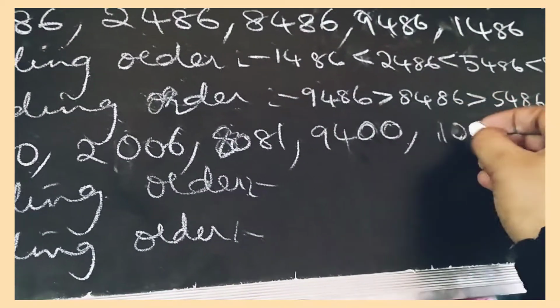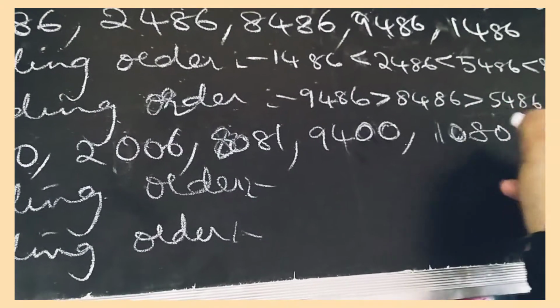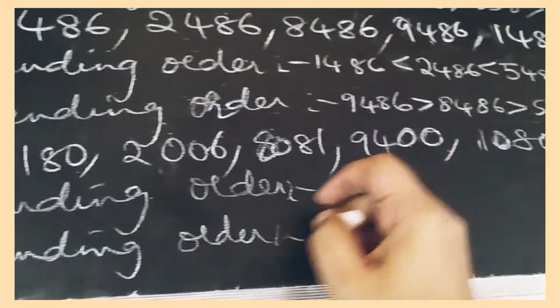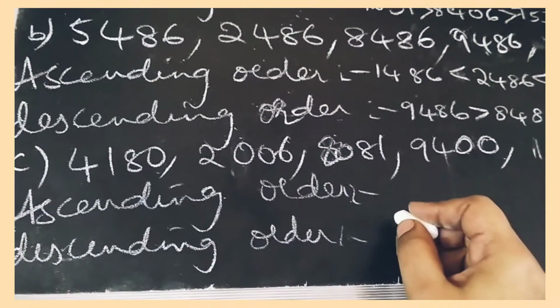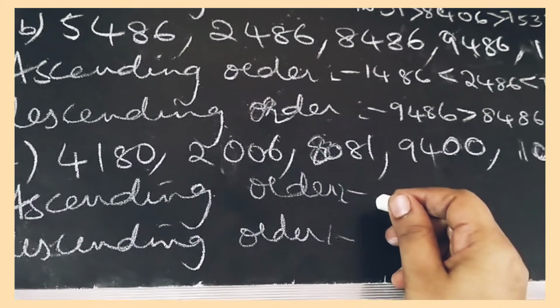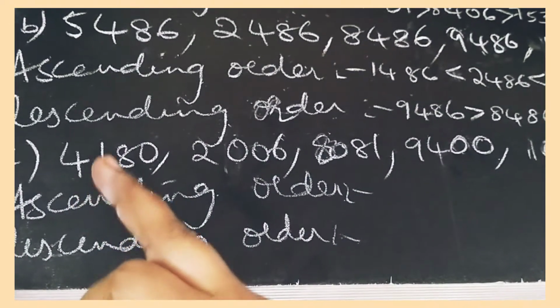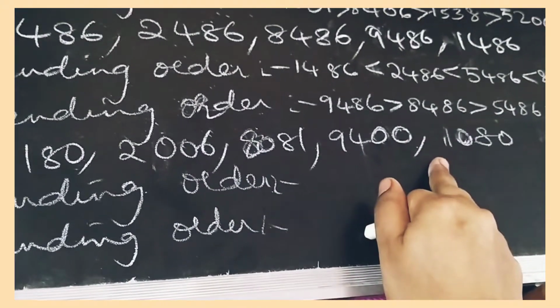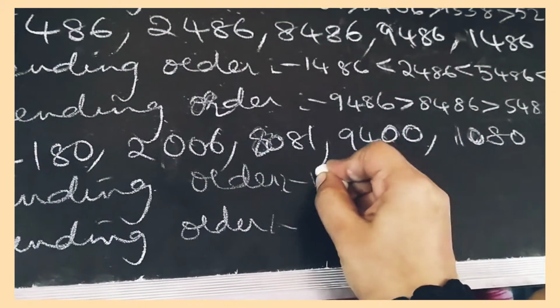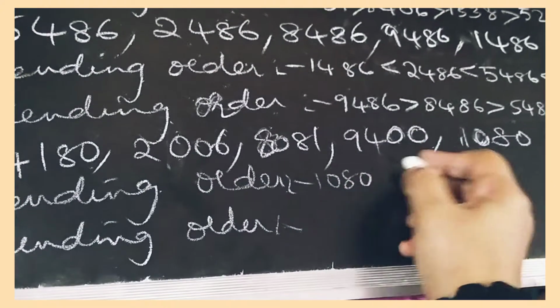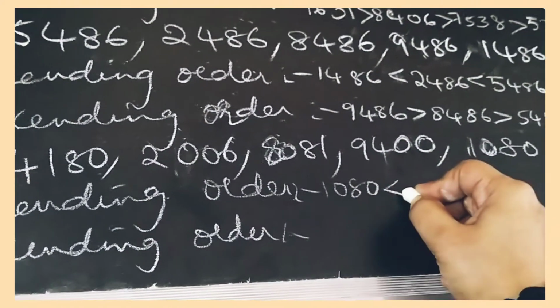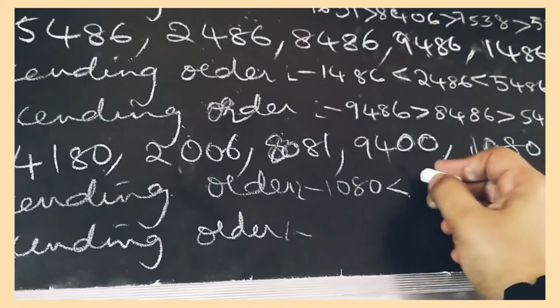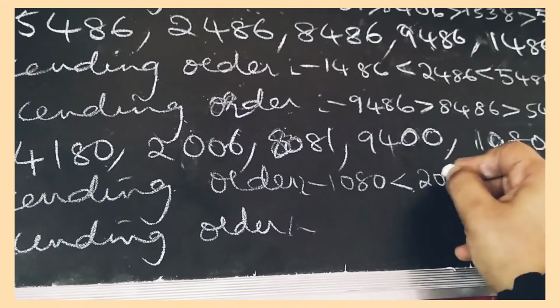Next sum is 4180, 2006, 8081, 9400 and 1080. Ascending order means again you take the smaller number first. Here 4000, 2000, 8000, 9000, 1000 are there. So first take 1080. Then 2000: 2006.